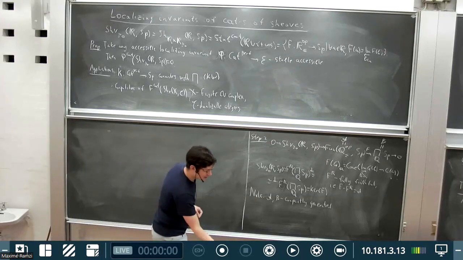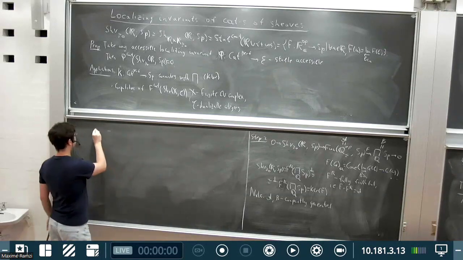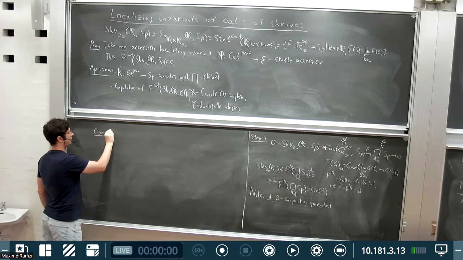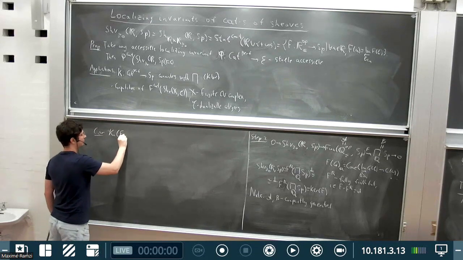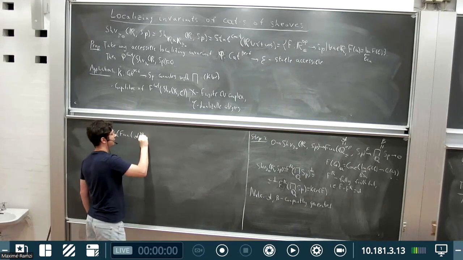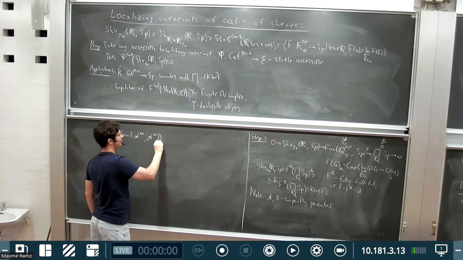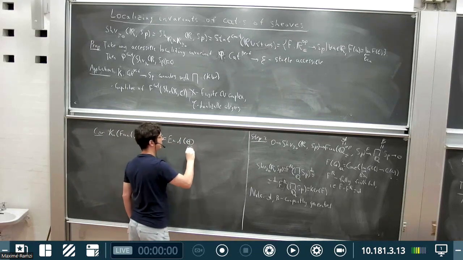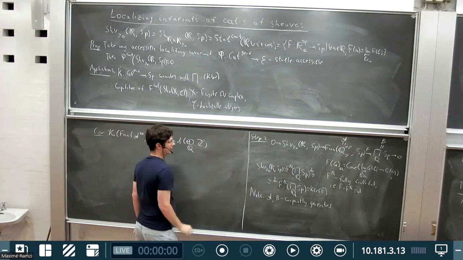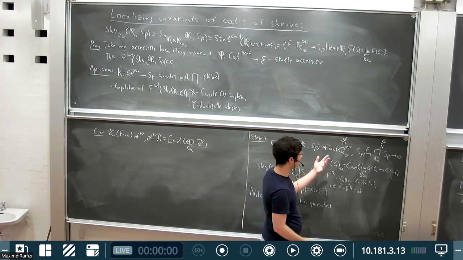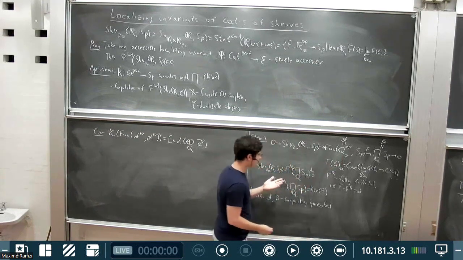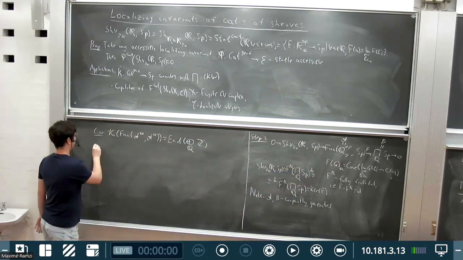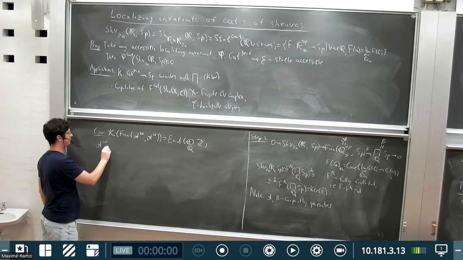More precisely, we wanted to deduce that K0 of the category of functors A omega is just the endomorphisms of the direct sum of copies of Z.